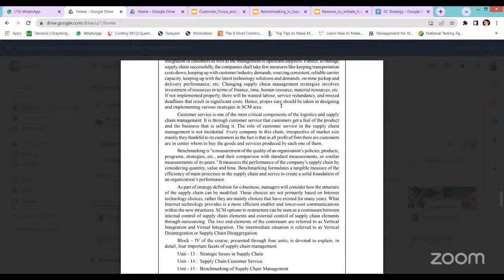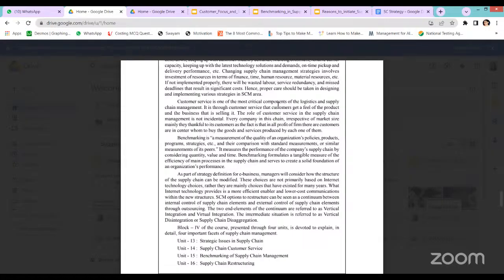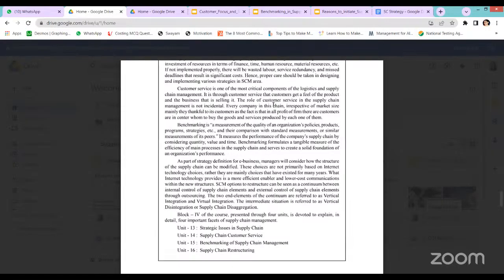The next and last topic in the fourth block, supply chain strategies, is supply chain restructuring. What is supply chain restructuring? After analyzing and measuring the performance using the benchmarks, whatever pitfalls are there have to be corrected.